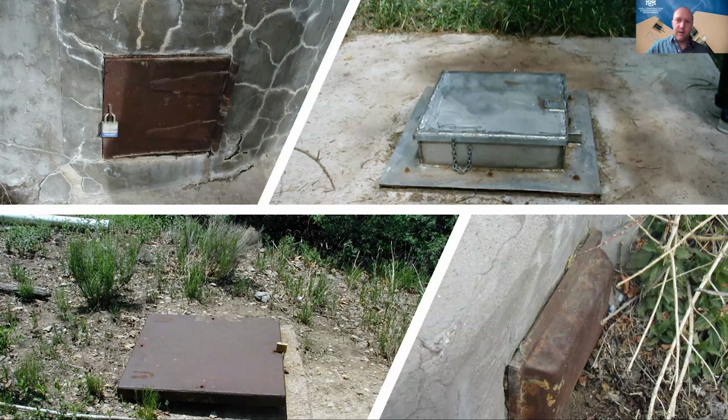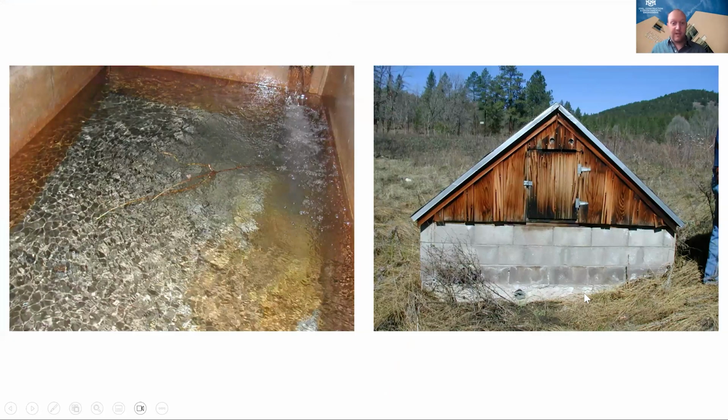Here's a photo of one spring box that actually looks more like a small building. I've seen these as pretty significantly large buildings, even, depending on the size of the spring. So this is what the view looks like looking into this building. You can see that the spring is flowing up into this building, but there are also things like roots growing into it.